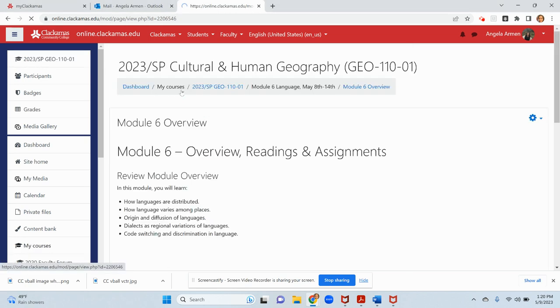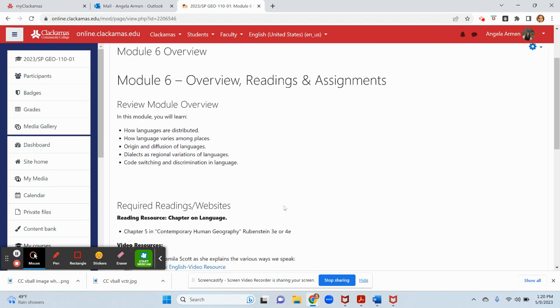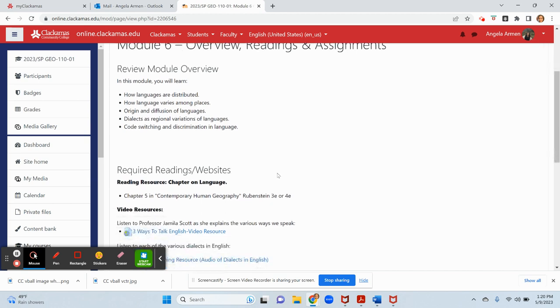Let's go ahead and get started. Clicking on the module overview gives us an idea of everything we'll be doing this week. We're going to be learning about how languages are distributed among the world, among the United States even, and how language varies among place. How about dialects as regional variation of languages?